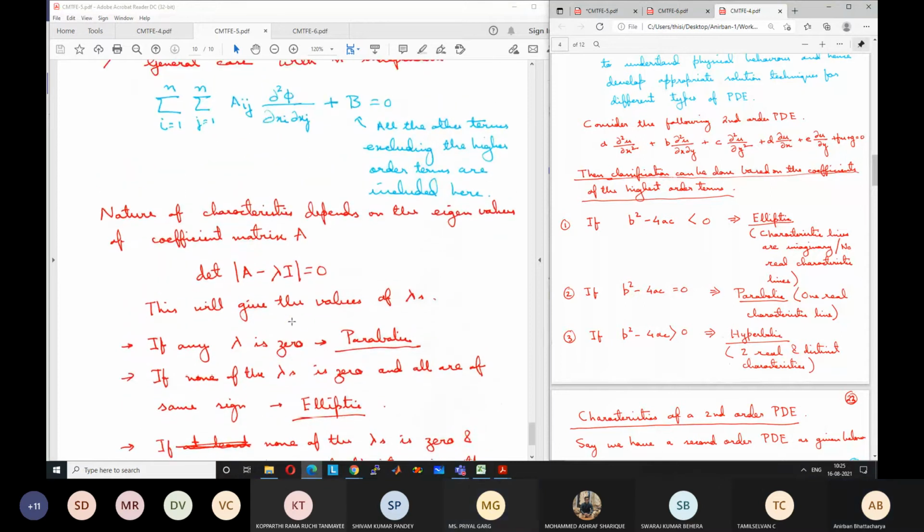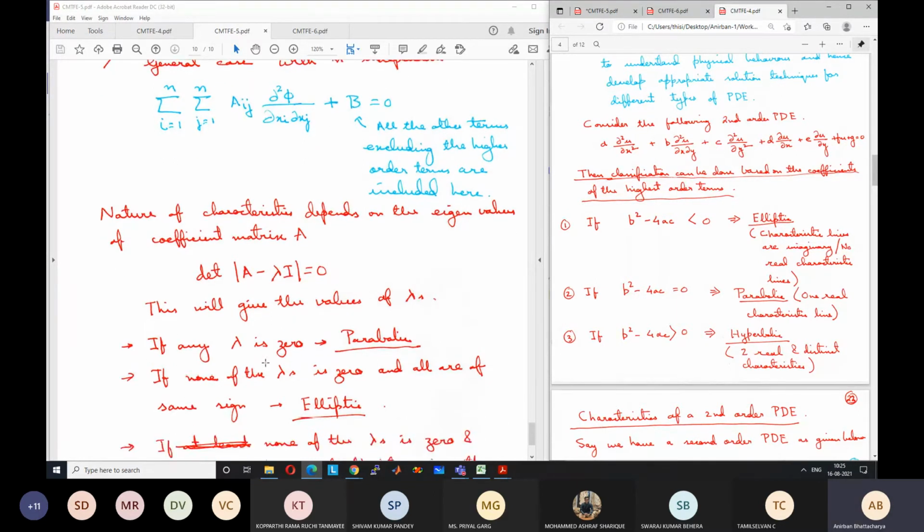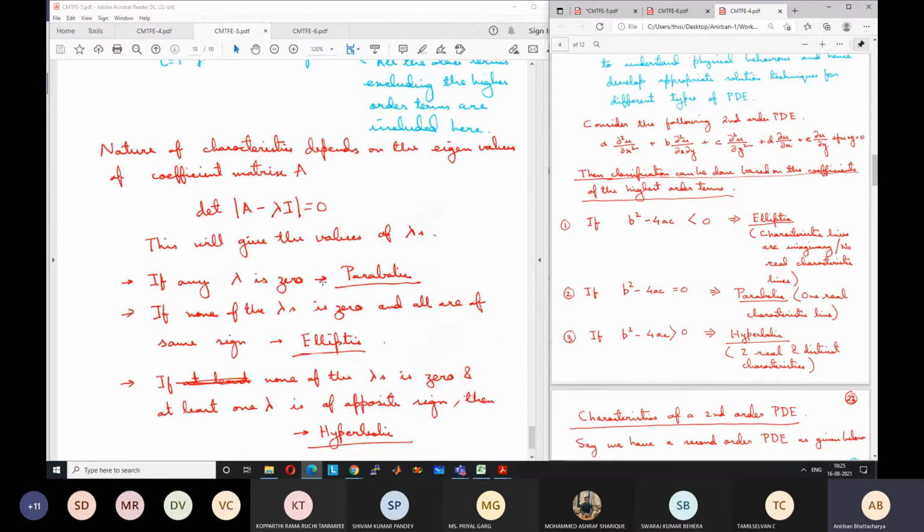After finding the eigenvalues, if at least one of the eigenvalues is equal to 0, then the nature of the equation is going to be parabolic. If none of the lambda values is equal to 0, then there can be two situations.